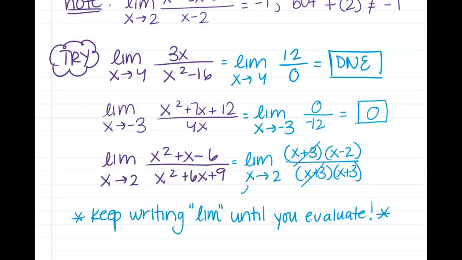So this is really the limit as x approaches 2, because again, we haven't plugged in yet, of x minus 2 over x plus 3. 2 minus 2 is 0. So limit as x approaches 2, 0 over 5. Our limit is 0.